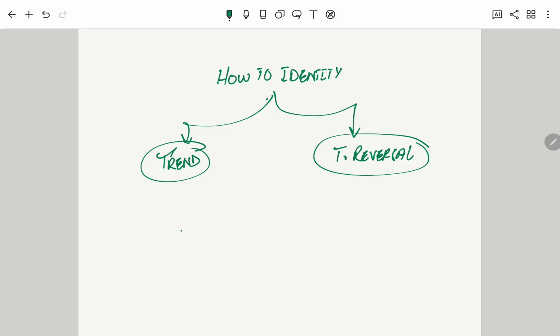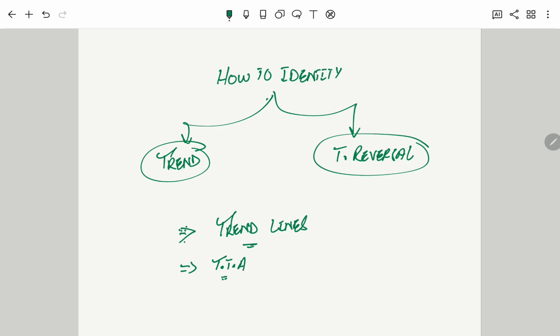That has two ways. Number one is through trend lines. This is the rather easier version in which you use trend lines to spot your trend and to spot the trend reversal. Number two is the technical trend approach, TTA.